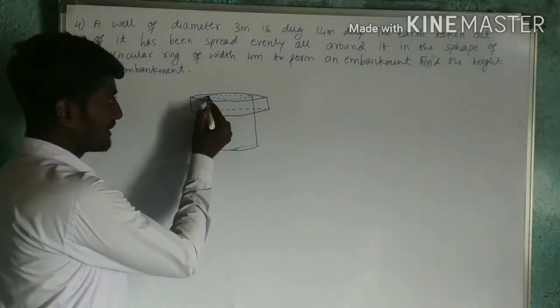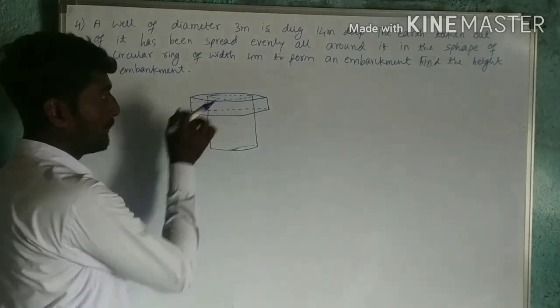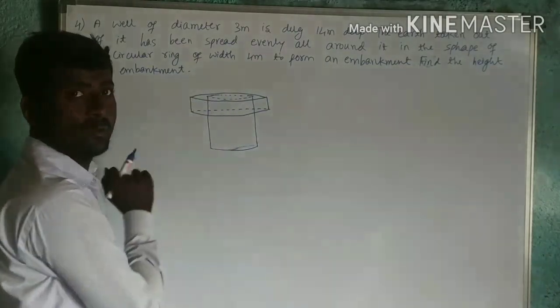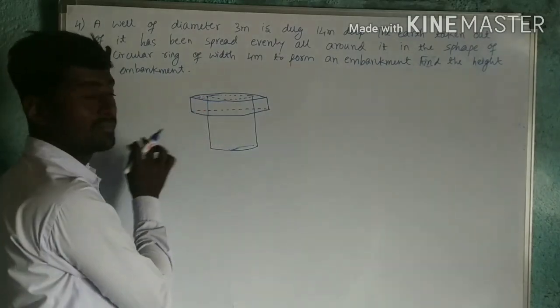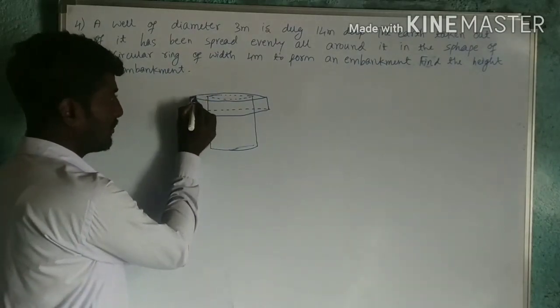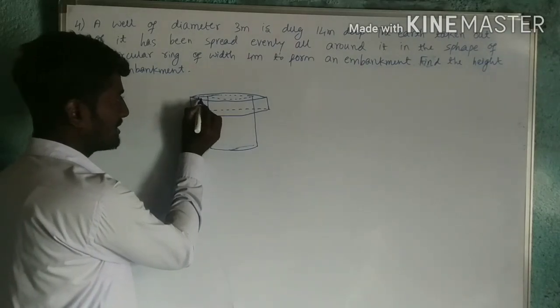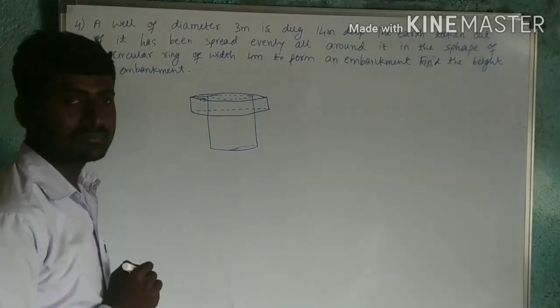This is the bank of the well. From this bank we are spreading the soil. The width of this is 4 meter.